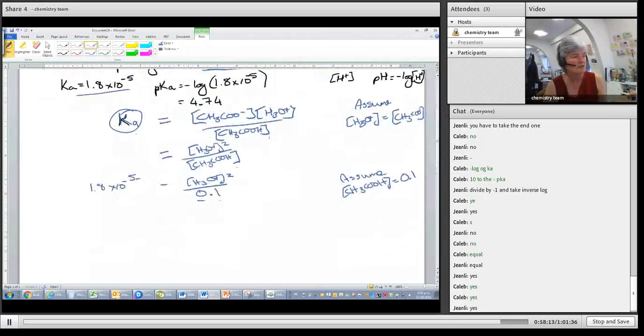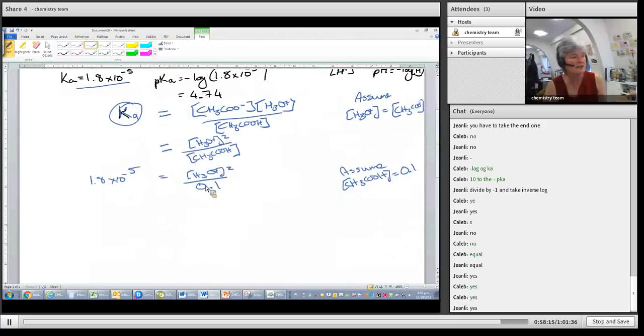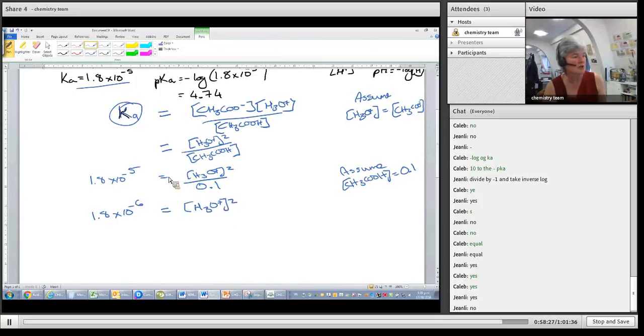Have I gone too fast for people with the maths? Because all I'm doing is multiplying this by 0.1, so it's like dividing it by 10, so it goes up. And now you would have to take your square root. Because I want H3O plus, it's going to be the square root of 1.8 times 10 to the minus 6.